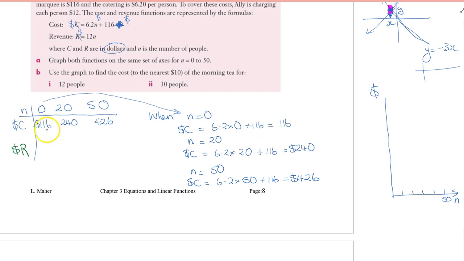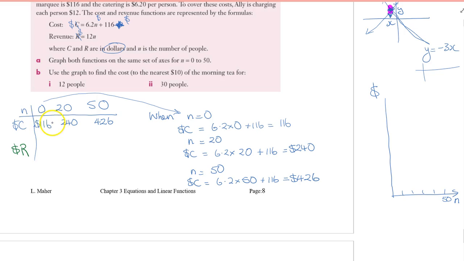And that's where that number there comes from. Next, I've considered when N is 20. And the cost would be 6.2 times 20 plus 116, and I've calculated that to be 240, and that's where that 240 comes from. When N is 50, we do the calculation, we get 426.